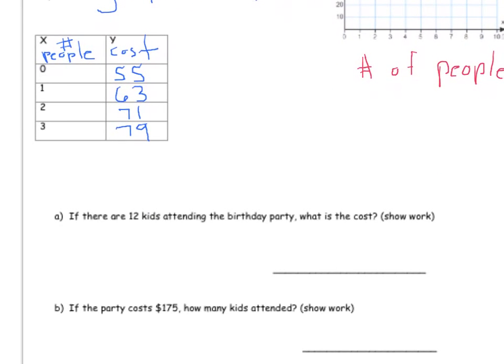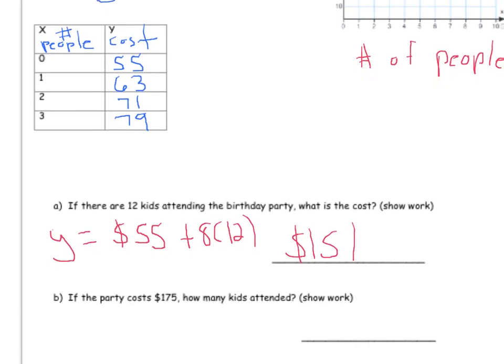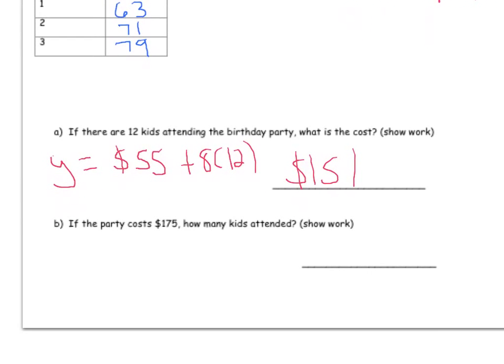Now to do your equation, it's going to be y equals $55 plus 8 times 12. Put that in your calculator, and the total cost is $151. And if you have a party that costs $175, you plug the $175 in for y.